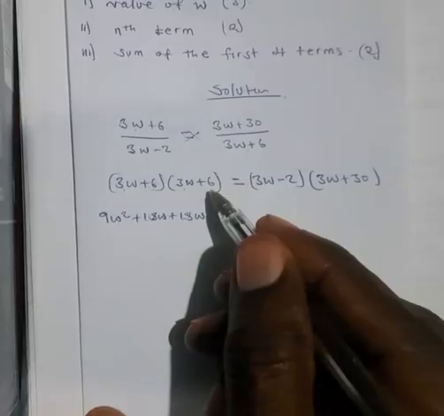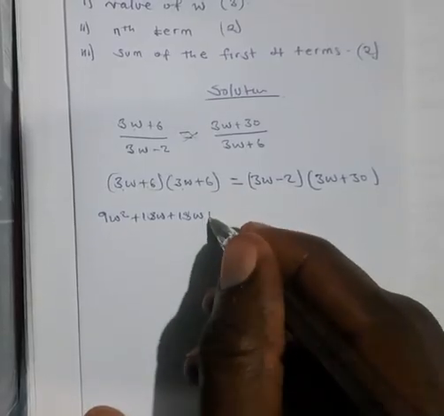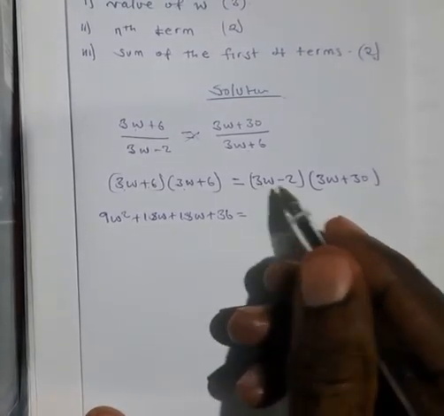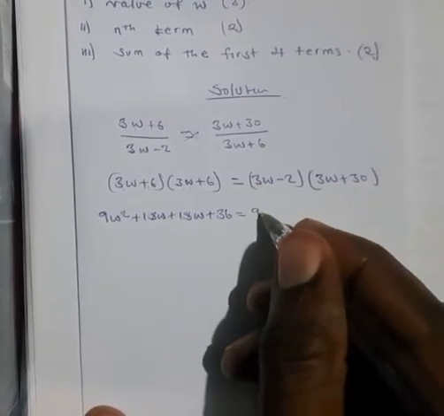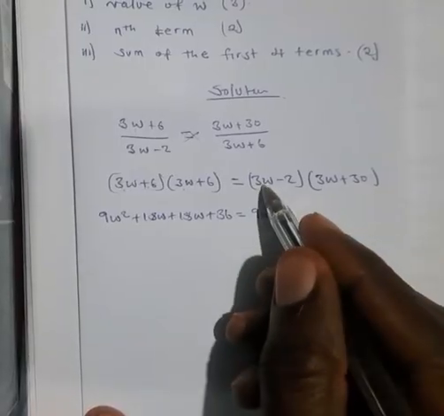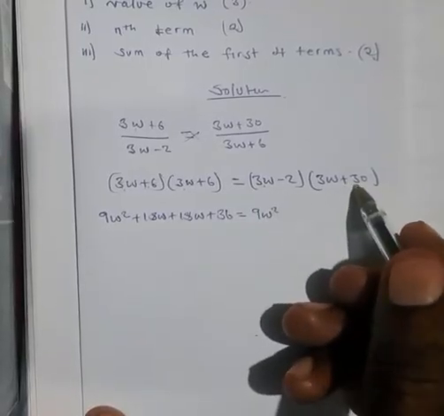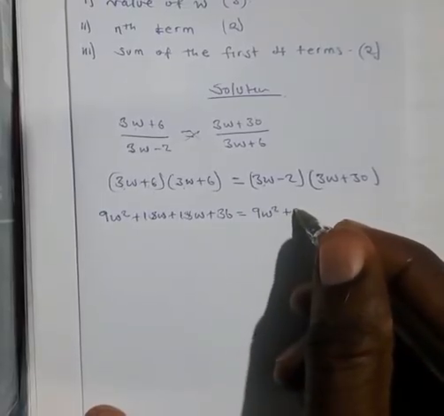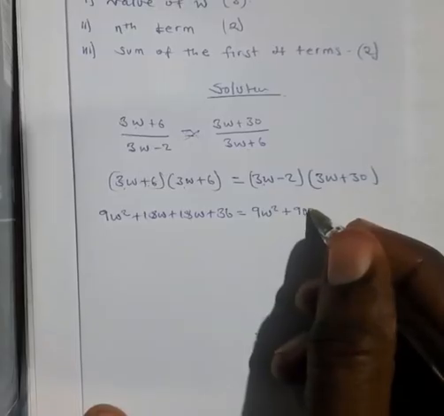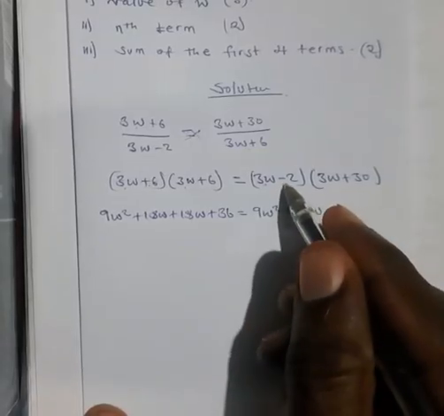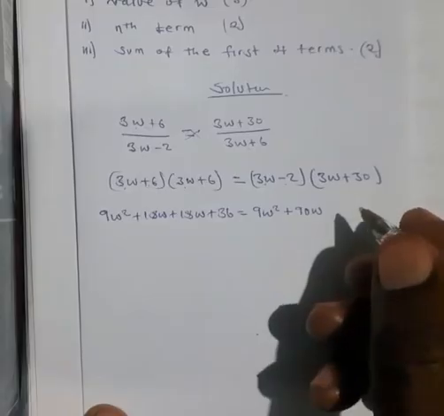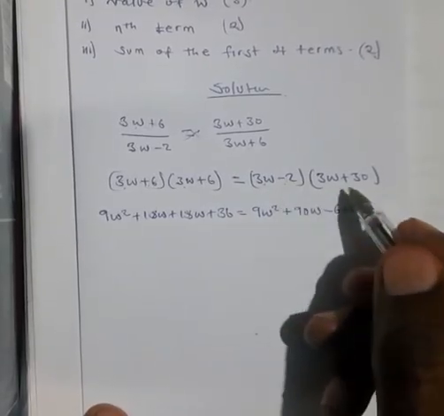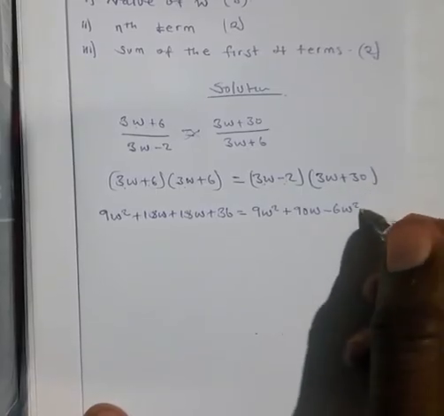Then 6 times 6, that is positive 36, is equal to 3w times 3w, that is 9w squared. 3w times 30, that is 90w. Then we have negative 2 times 3w, negative 6w. Negative 2 times 30, that is negative 60.